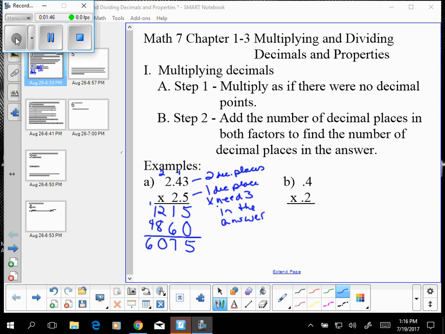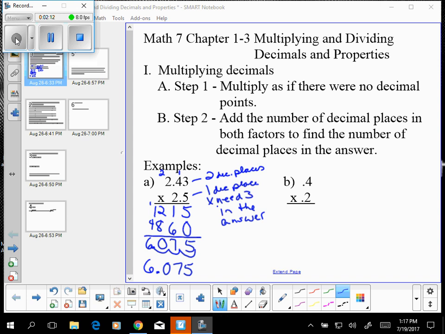We are going to start from the right and count 3 over. 1, some people actually do it at first this way, 1, 2, 3. So our answer is going to be 6.075. Now if you don't want to trail it over with your pencil, you really don't have to do that.